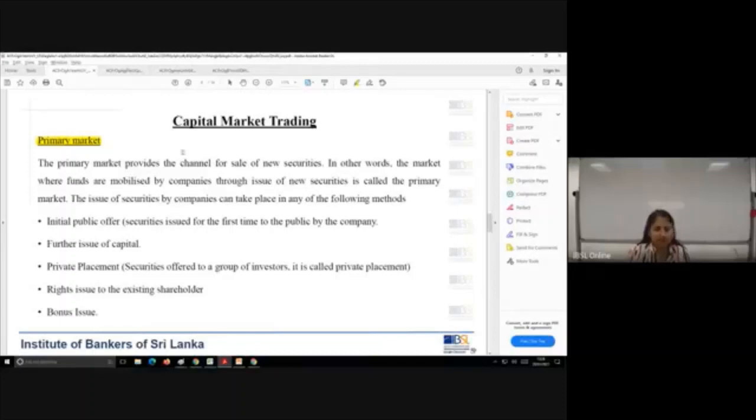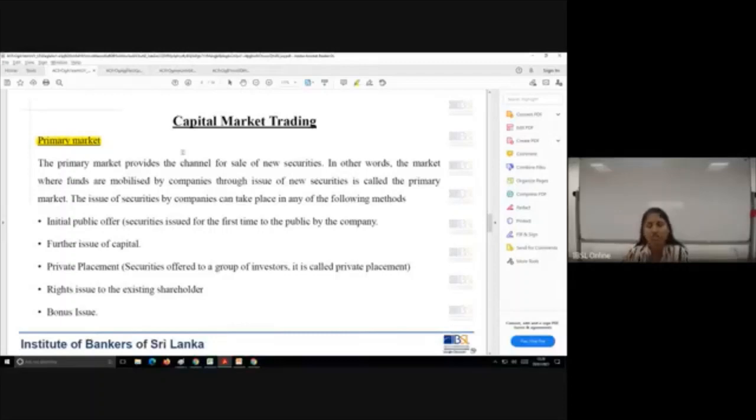And then you have a rights issue to the existing shareholders. A rights issue means that's the time you're going to issue new shares, but to the existing shareholders. But here again, the price is going to be lesser than the ongoing market price. Finally, you have a bonus issue, where again you're going to issue new shares to the existing shareholders, but at no cost, without any cost.